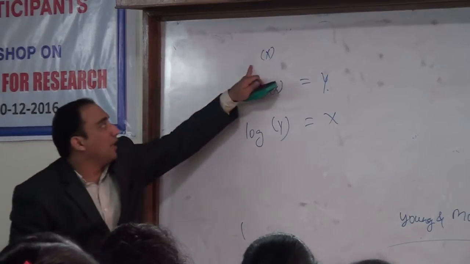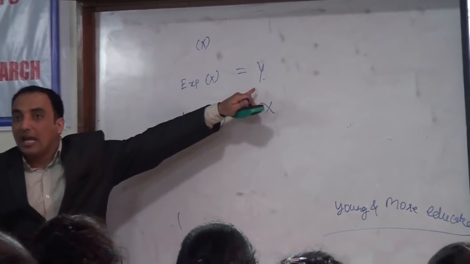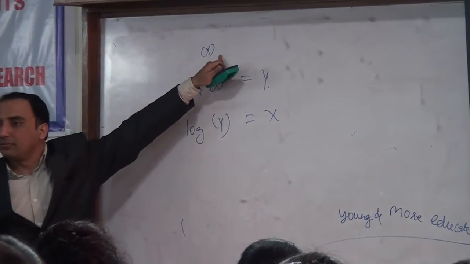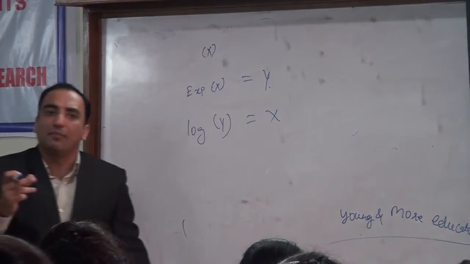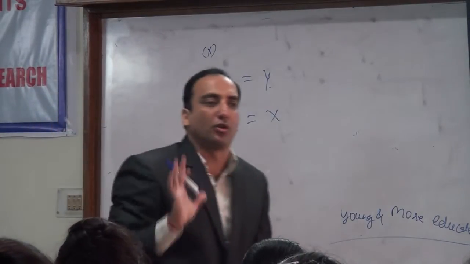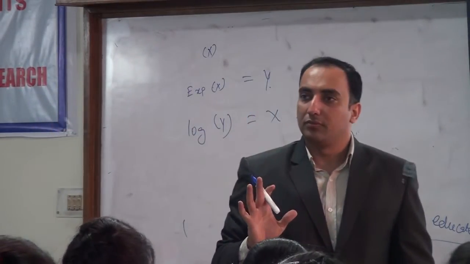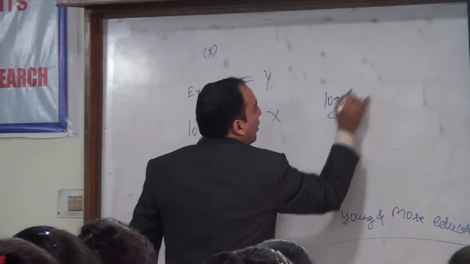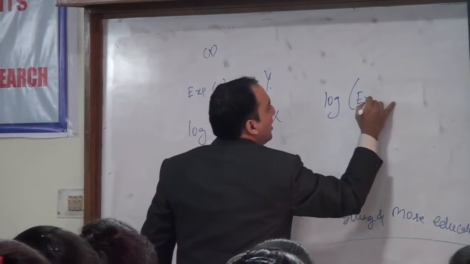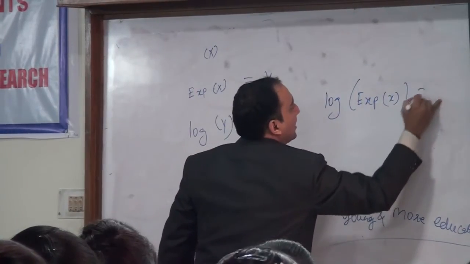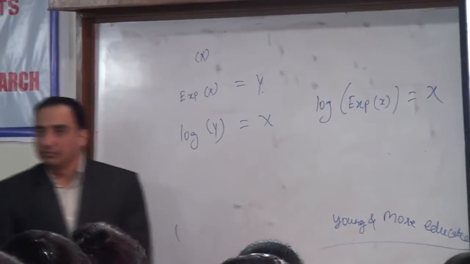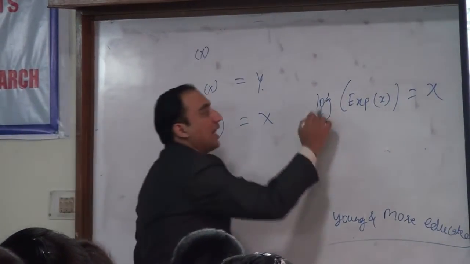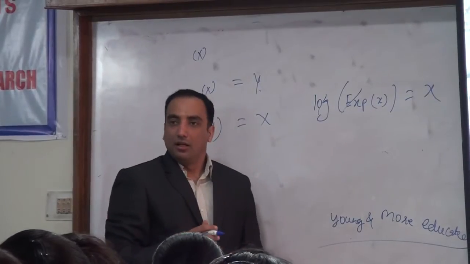So if there is a value x whose exponential is y, if I do log of y, I will get the basic value of it. So I can also write like this: log of exponential of x is equal to x. Okay? Because log and exponential will cancel each other.